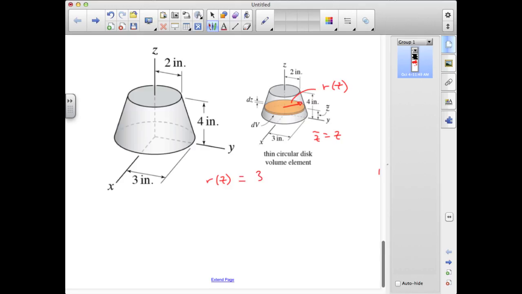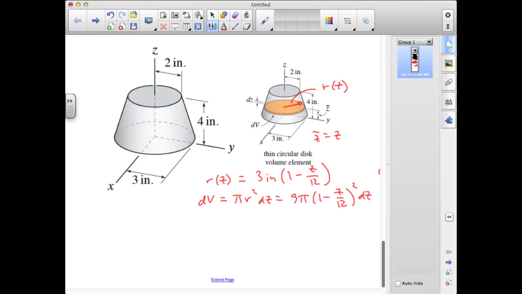So the functional dependence for this would look like 3 inches times quantity 1 minus z over 12 inches. Our volume increment is pi r squared, that's the area of the disk, times its thickness, and that ends up giving us 3 inches squared is 9, so we have 9 pi times the quantity 1 minus z over 12 squared dz.